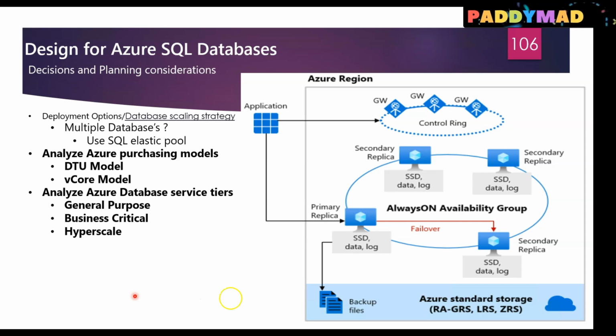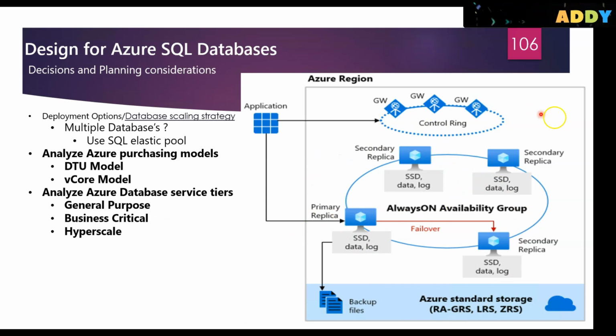This is another solution that we could offer for business critical applications, since order entry, retail sales, and financial transactions are very critical. These can be supported with the help of this design.